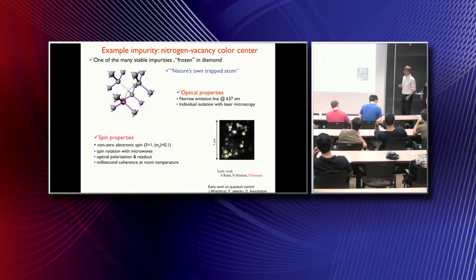So you can use this to measure the orientation of the spin. And quite remarkably, this spin degree of freedom in the NV center is extremely well isolated. Even under ambient conditions at room temperature, these spins can feature millisecond coherence times, which for a solid state system is quite remarkable.